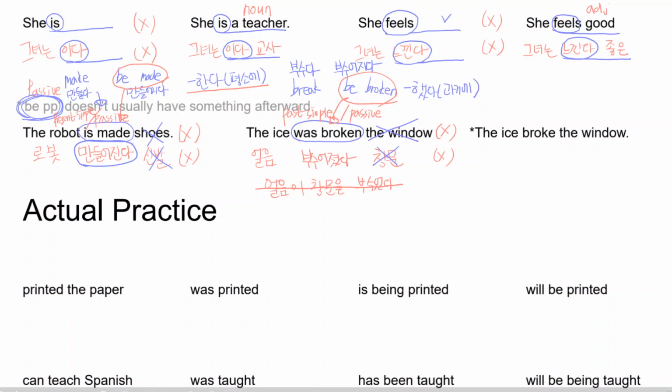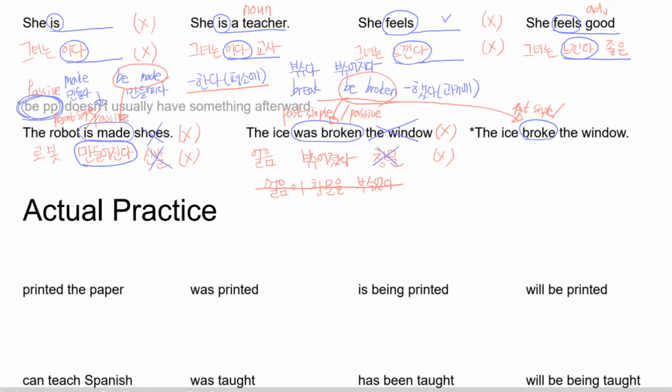Okay, let's move on. The ice broke the window. Now you see, right? Broke. What does broke mean? Here we have break in the same past simple tense.